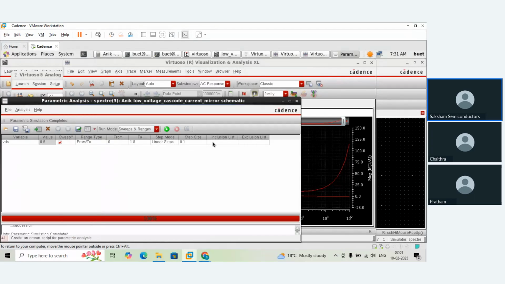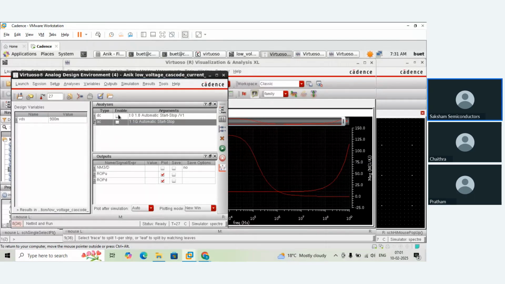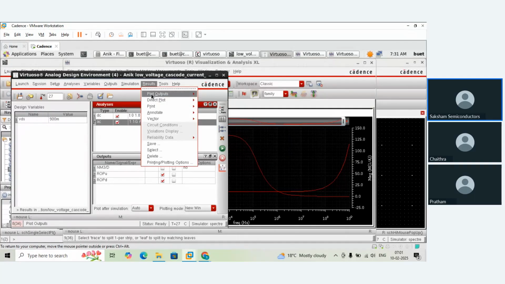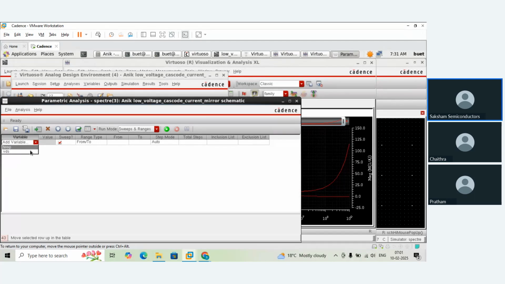Just a moment. Let's try to close this. So we'll ensure these two. I'll just enable the ROP and RON results, tools, parametric analysis, add variables from 0 to 1.8, with a step of 0.1.